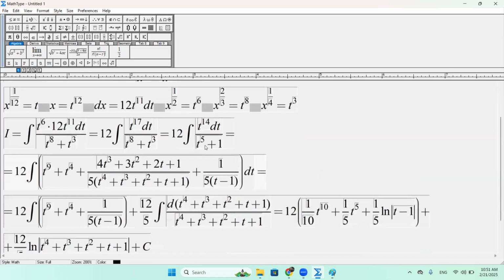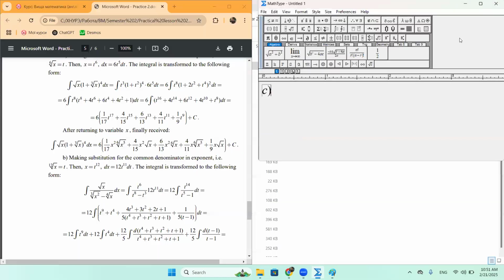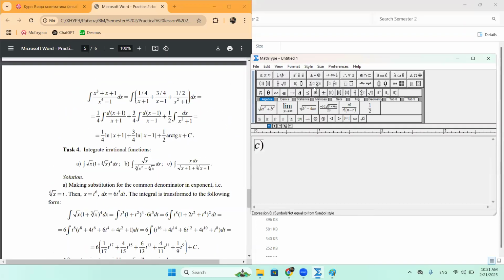Okay, if no questions, let's move next. So one more exercise. So x dx. One more interesting case. So x over square root of x plus 1 plus cube root of x plus 1.